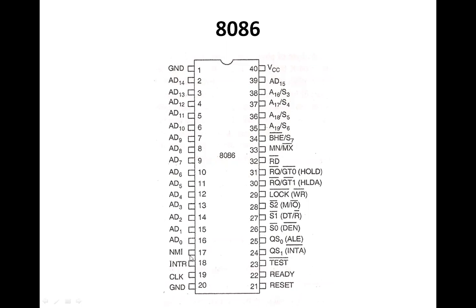Then we have another pin, pin number 17, that is non-maskable interrupt. Non-maskable interrupt is just similar to the INTR, though these two, INTR and NMI, seem similar. But the non-maskable interrupt does not require any checking, because the INTR signal, whenever it goes high, has to check whether the interrupt enable flag is set or not.